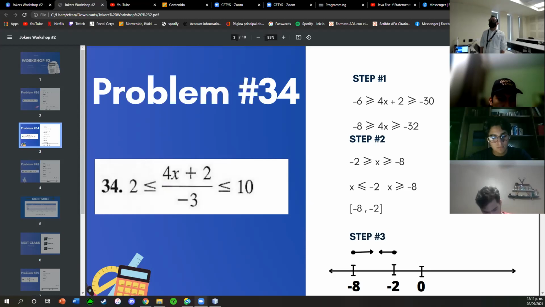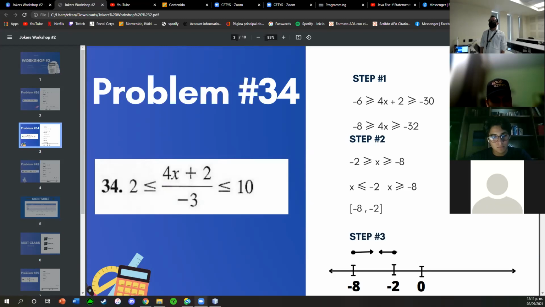Then to leave the 4x in the middle, and again the minus 2 on the other side, so it's minus 32. In step 2, we just divide everything to remove the 4x to leave the x alone, and at the end we got x less or equal than 2 and x equal or greater than 8. So the final answer was -8 and -2.